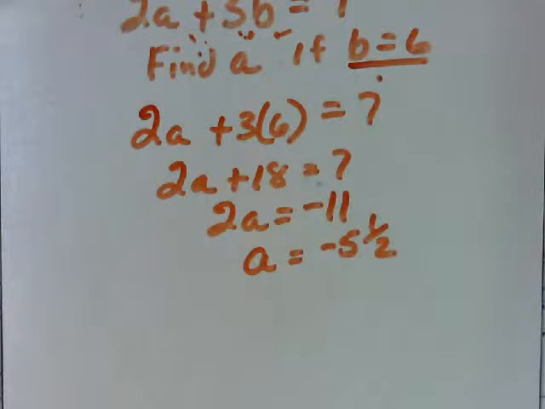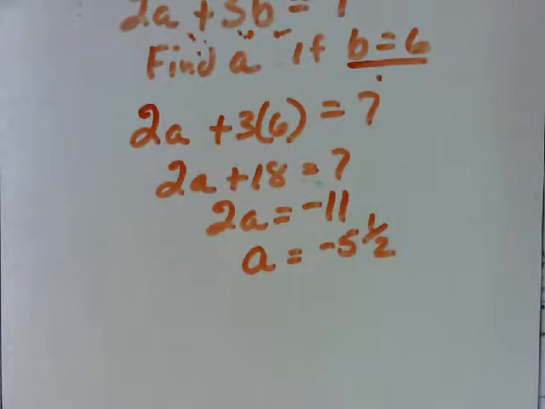I subtracted 18 from both sides. 7 minus 18 is negative 11. Then I took 2 into both of them. Correct? Any problem with that?